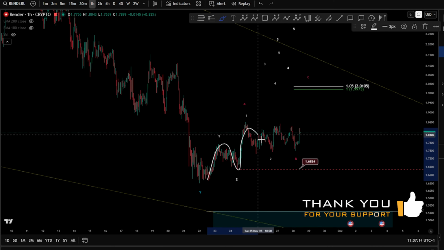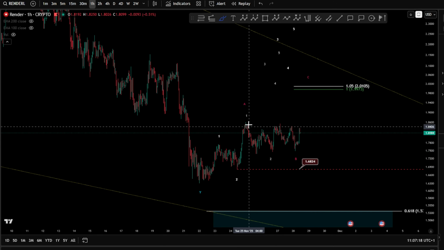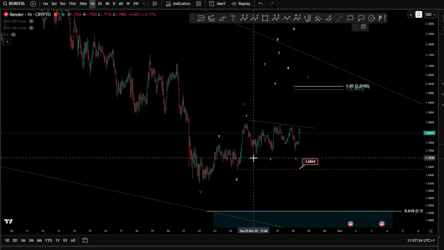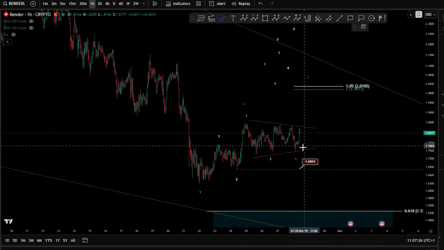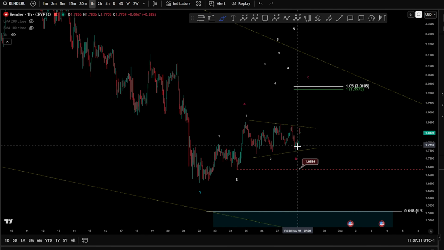Otherwise, you are in several 1-2s here, but as you can see, it is a very sideways A, B, C, D, E here, and you're looking at something like a triangle. A triangle without an impulse means it is much more likely a wave B here. We're looking for higher prices, definitely.